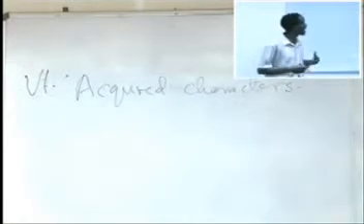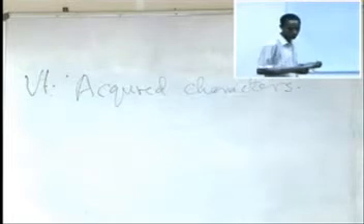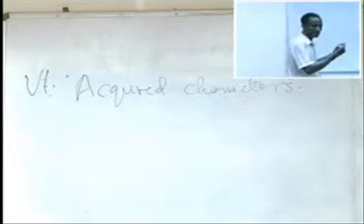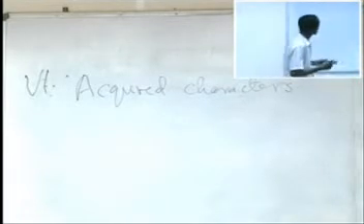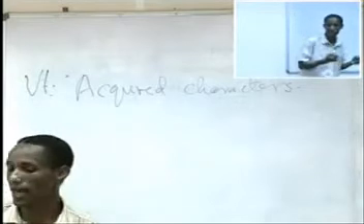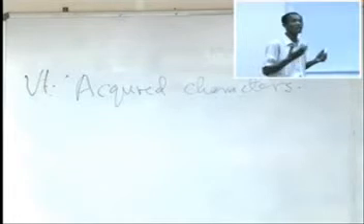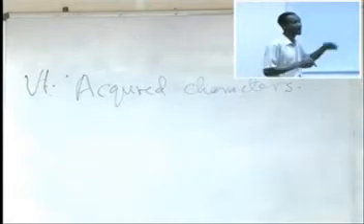For example, if somebody is doing exercise, strengthening his muscles, and those muscles are built up, Lamarck said those muscles will be inherited by the children.